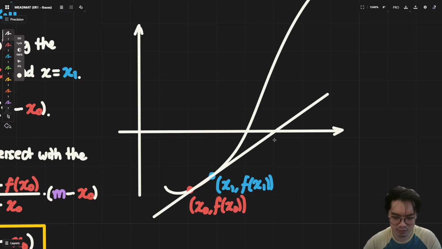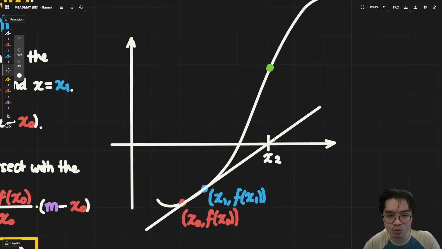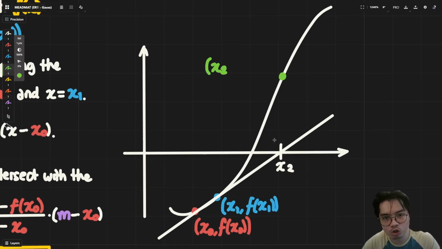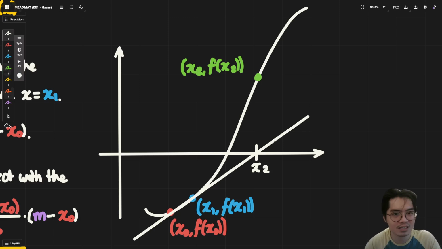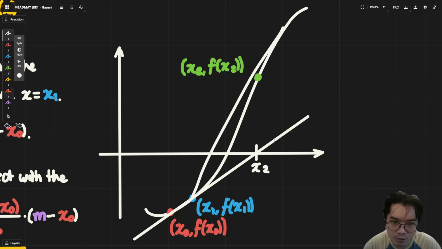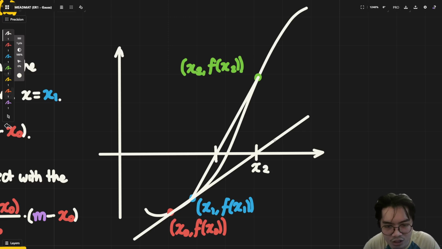Note that wherever it lands is going to be your x2. Now substitute that to the equation, so it's going to be somewhere in here. Now you create a line between x1 and x2, and you'll notice that x3 is now somewhere in here.